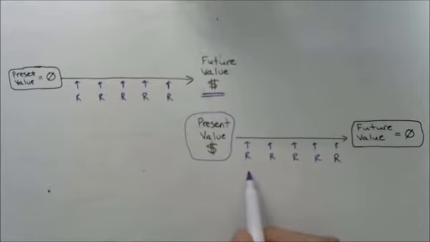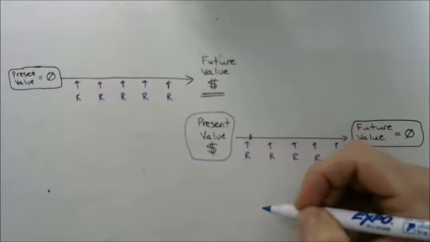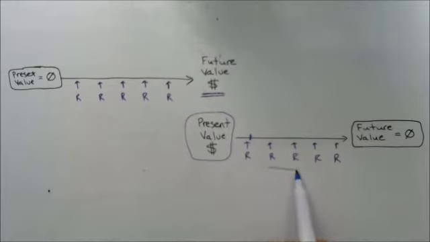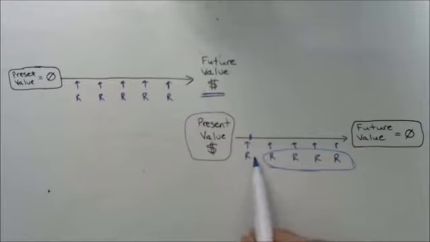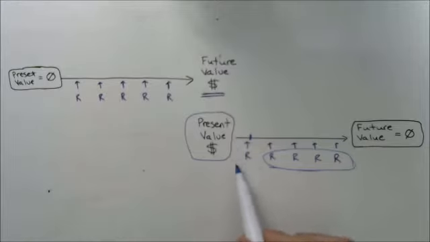Now, what's interesting about this is it really works the same way. Whatever you leave in the account, so let's say after compound period number 1, this amount that's still in the account is actually going to continue to earn interest. So you're earning interest on one less piece, one fewer piece each time, if that makes sense to you.